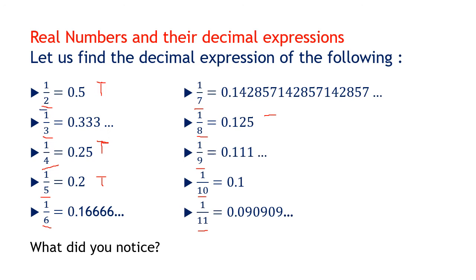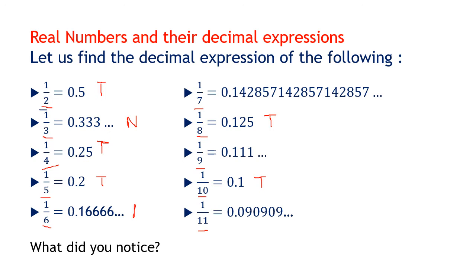You can see 0.125 has terminated after 3 digits. This has also terminated. Terminated means they have stopped, they don't go further. Now this one have not terminated. They continue till infinity. Yes, these are non-terminating. They continue as long as you want.